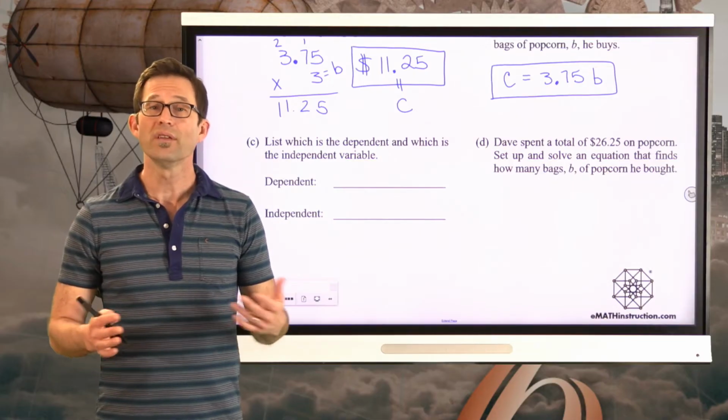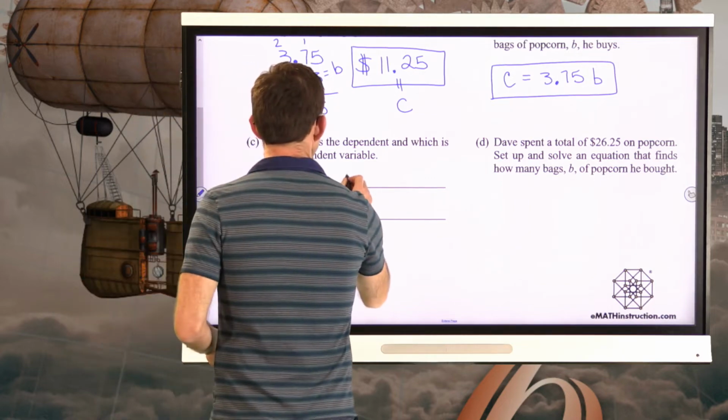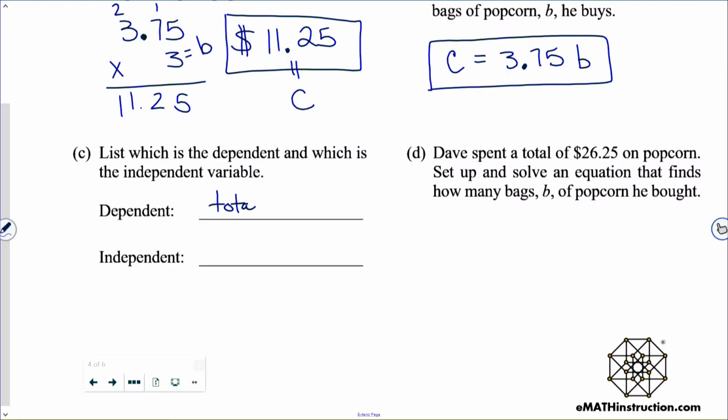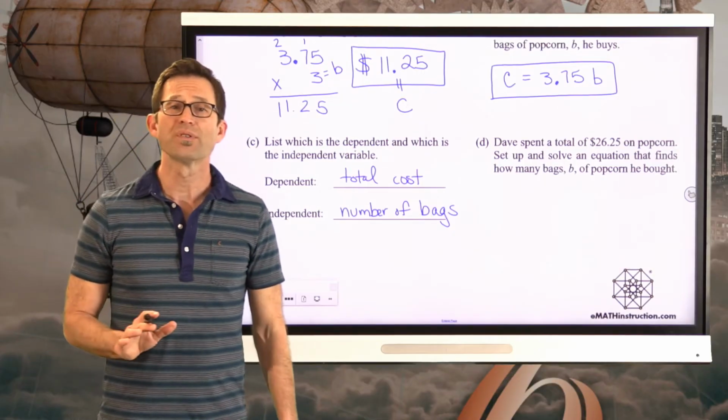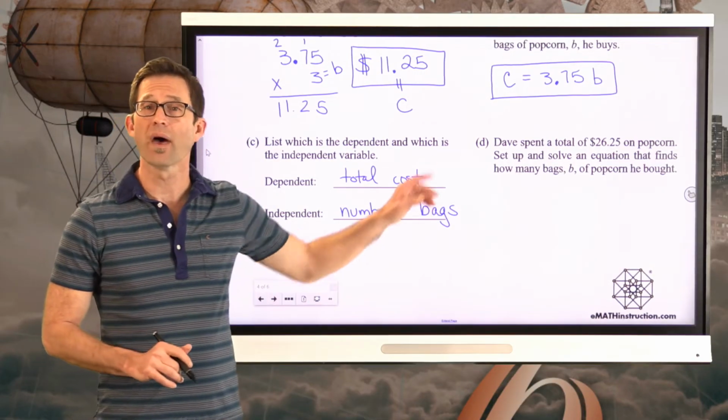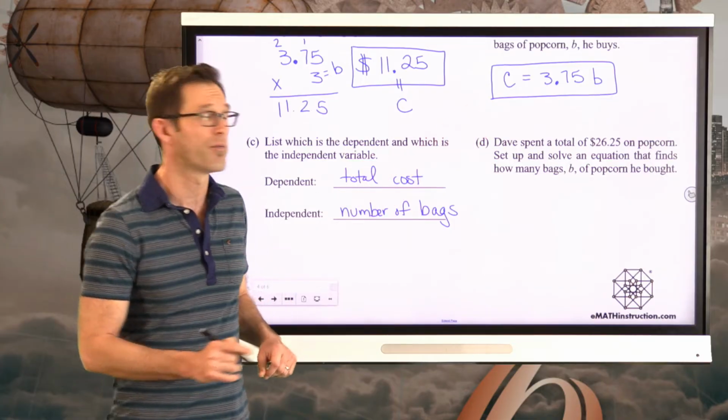All right, well, the dependent is going to be the total cost, right? So that is going to then depend on the number of bags that Dave buys. You can almost always see the dependent versus the independent by looking at the equation itself.